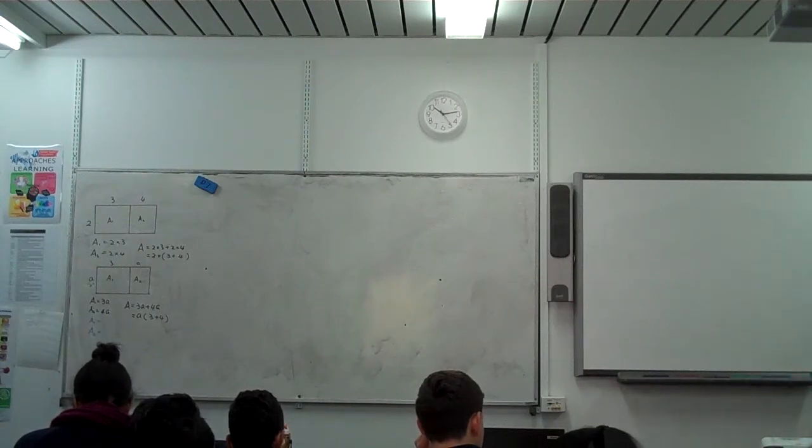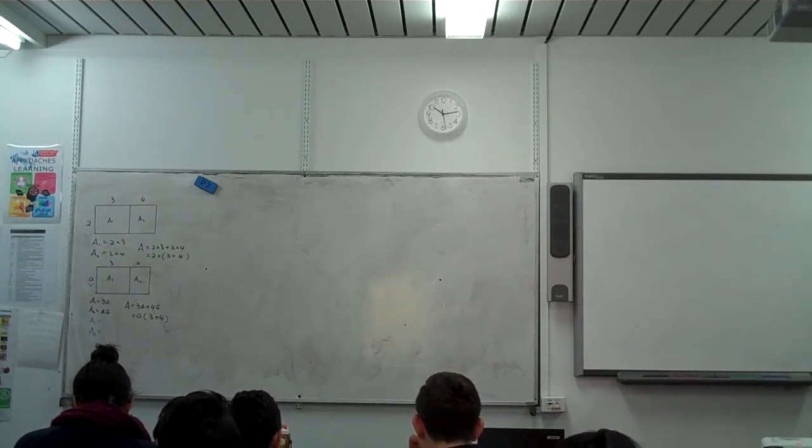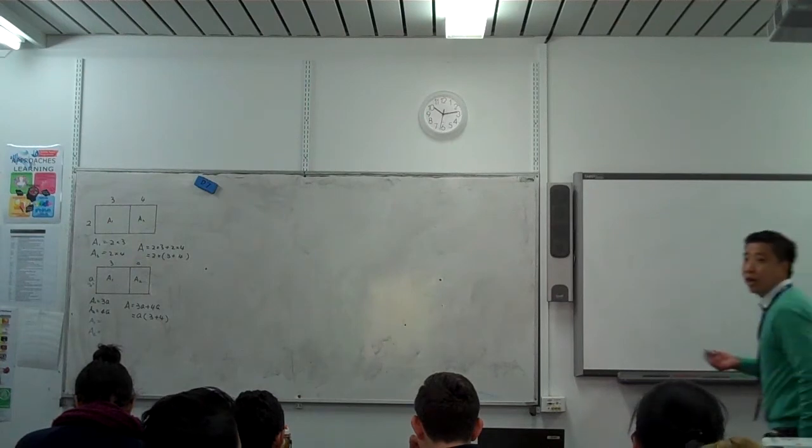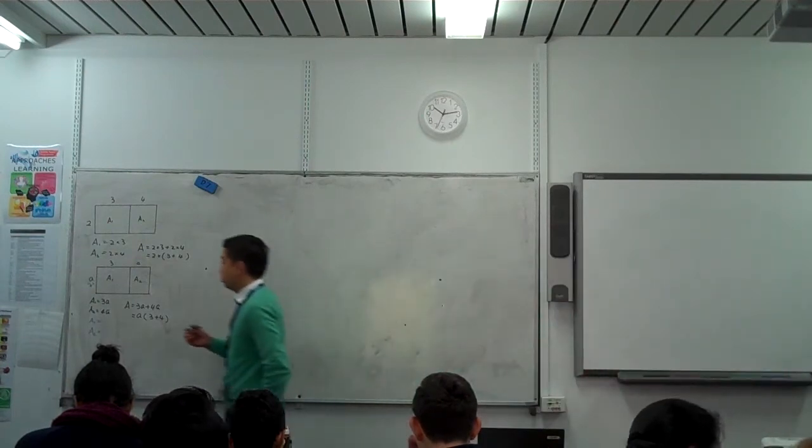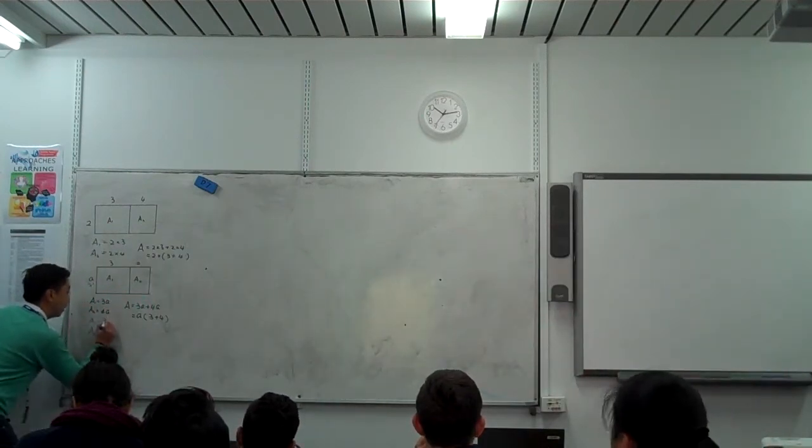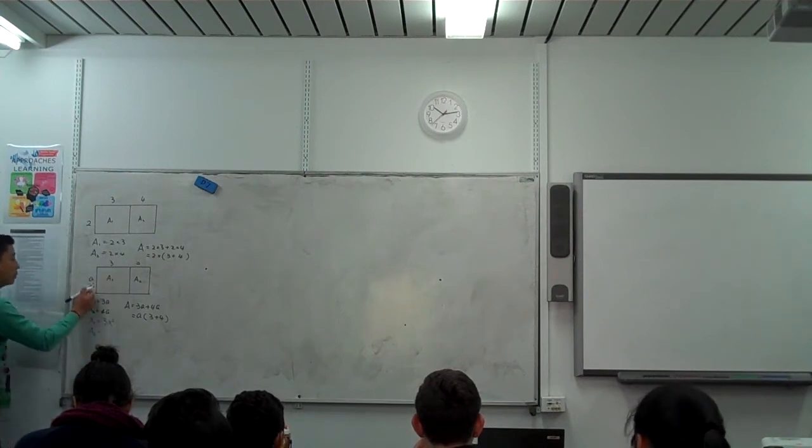Alright, could you please tell me what is area 1? She said that is 3x squared. Is that correct? Yes, good. So 3x squared. 3 times x squared.